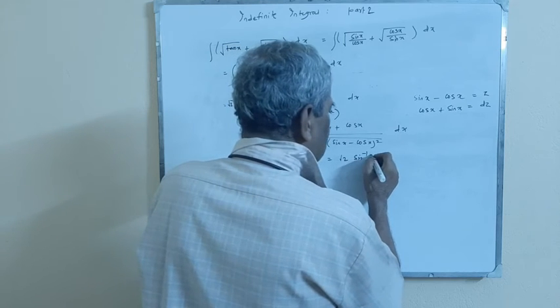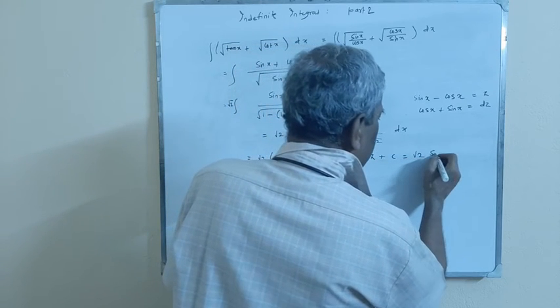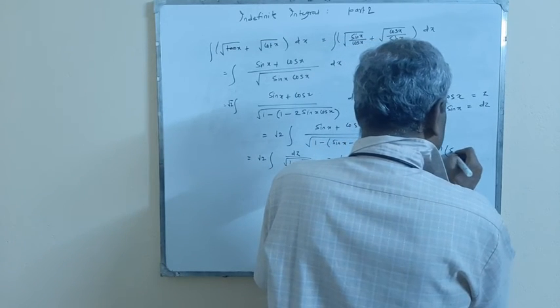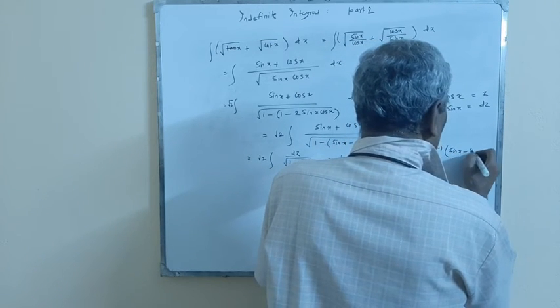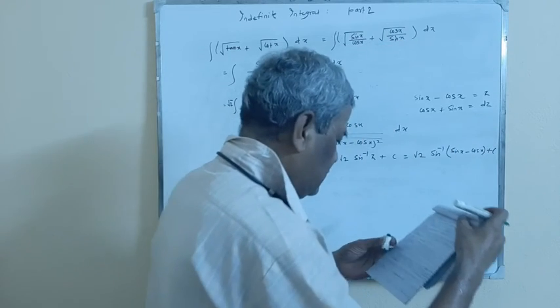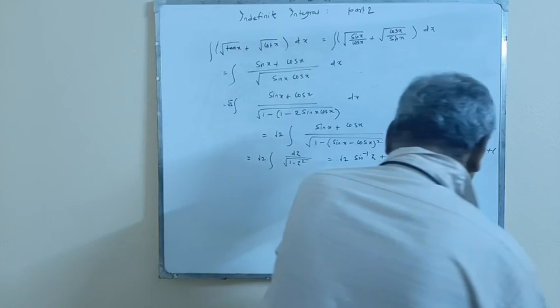So root 2 sine inverse z plus c, that is root 2 sine inverse of sin x minus cos x plus c. I think this is the correct answer. This is the answer.